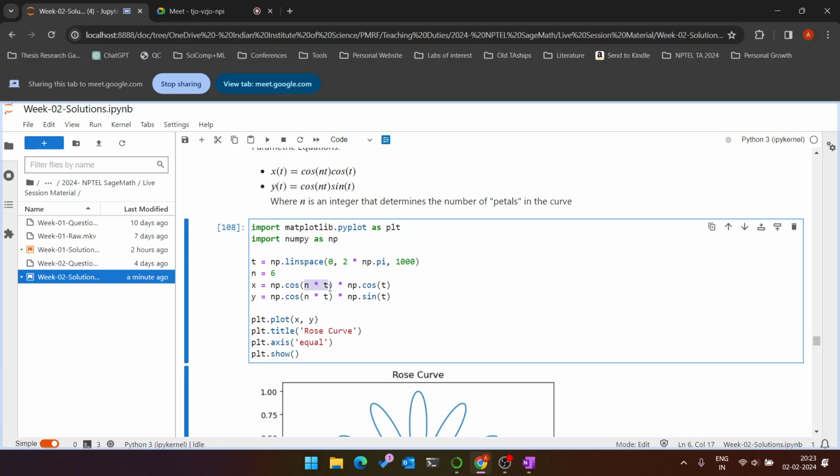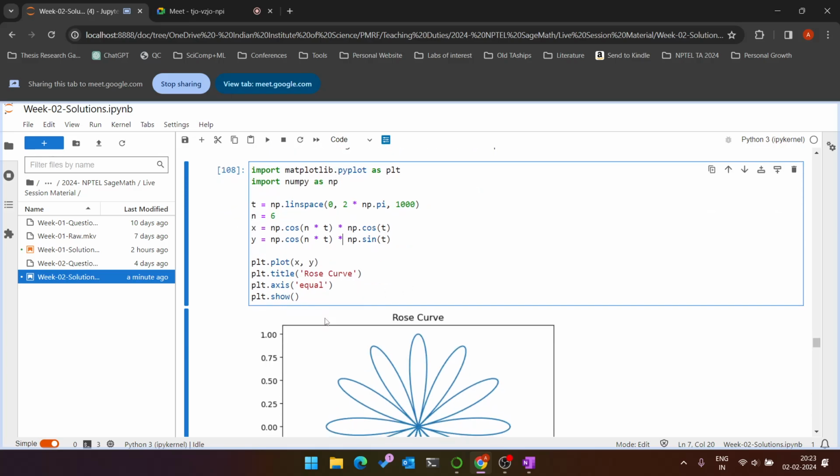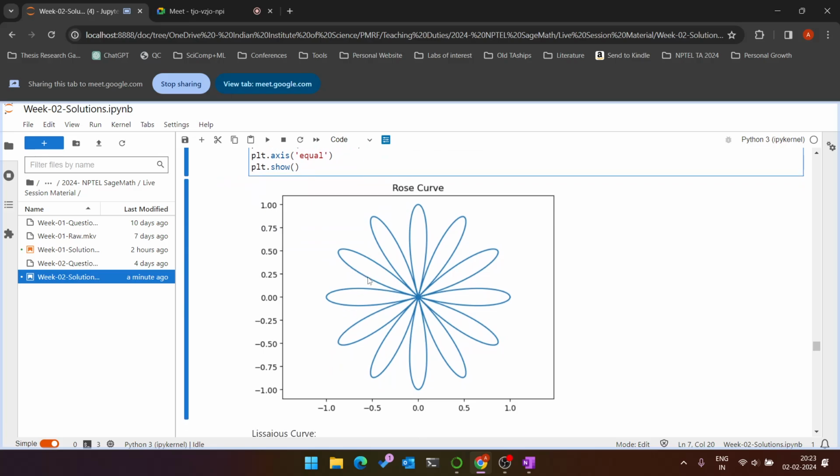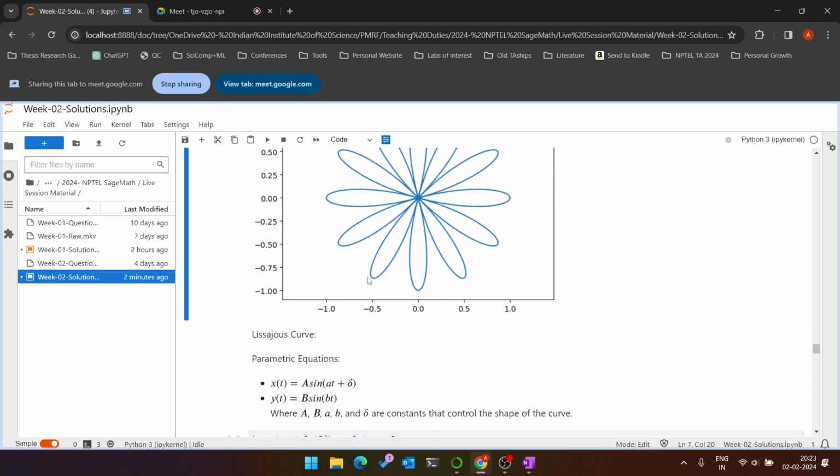This directly gets you an array of the form cos of nt for all the values of t, and you are multiplying that term wise with another array which contains cos of t itself. So this is term wise multiplication between two numpy arrays, as we have seen in the class, and similarly you write y of t using cos of nt into sine of t. Again term wise multiplication. Plot this. Again we have chosen equal axis, and now we are showing this.